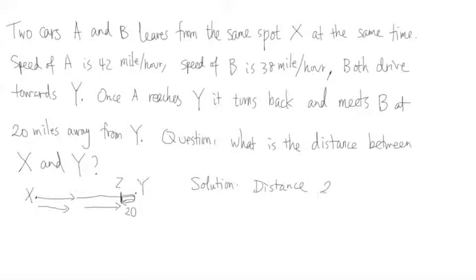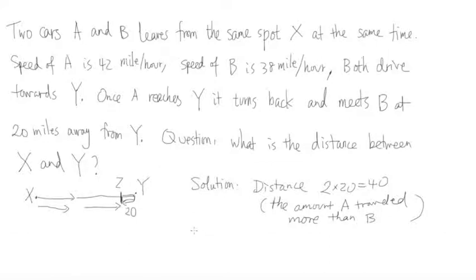So if you look at 2 times 20, which is 40, this is how much more A traveled than B. So 40 is actually the difference between the distance traveled by A and B.